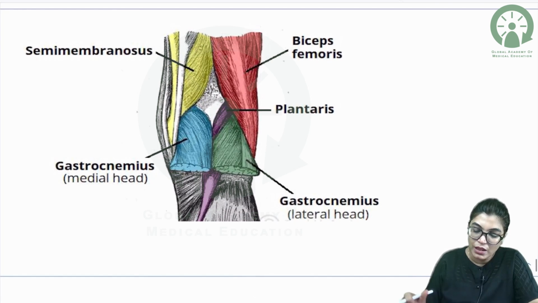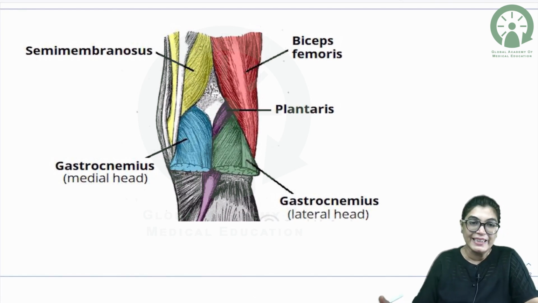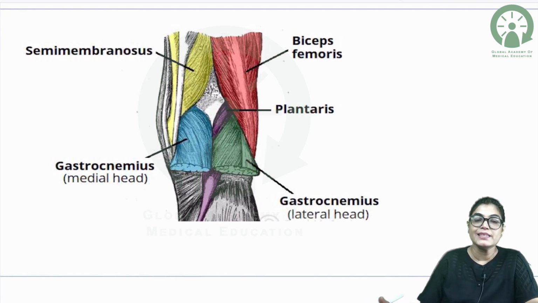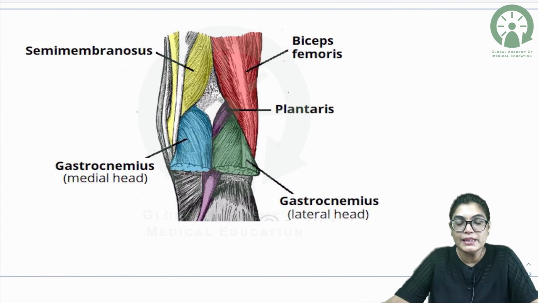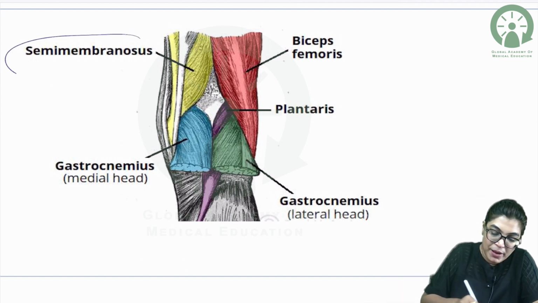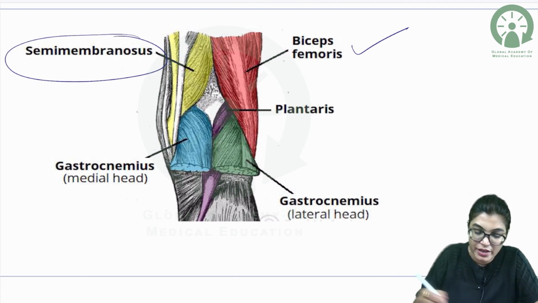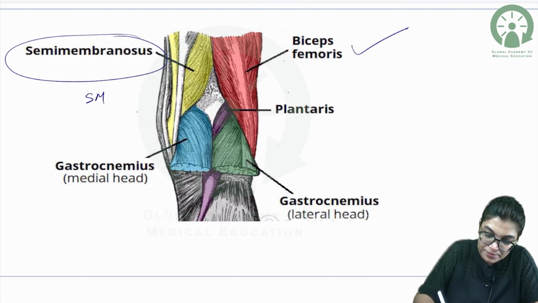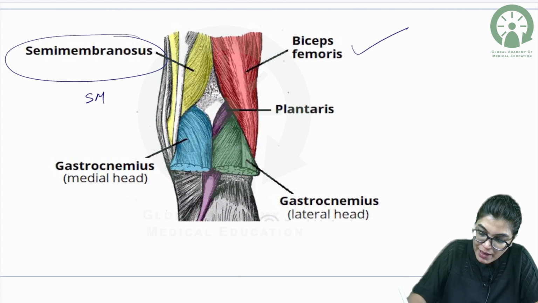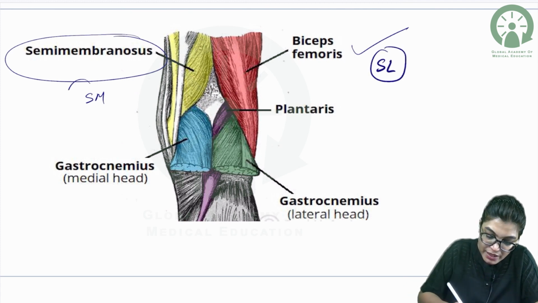Now, talking about the popliteal fossa. The popliteal fossa is a diamond-shaped depression lying on the back of the knee, and you can see this diamond-shaped depression here, and you can appreciate the boundaries of the popliteal fossa. Semimembranosus is the supromedial boundary, biceps femoris is the supralateral boundary.